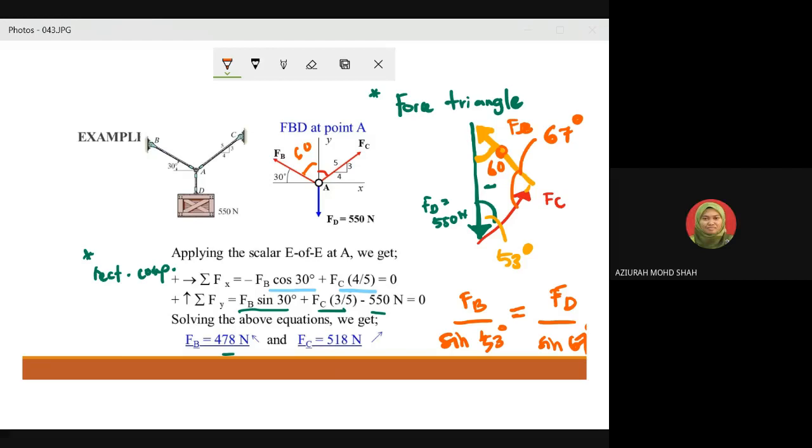Okay, the difference is small. For FC? Okay, 517.